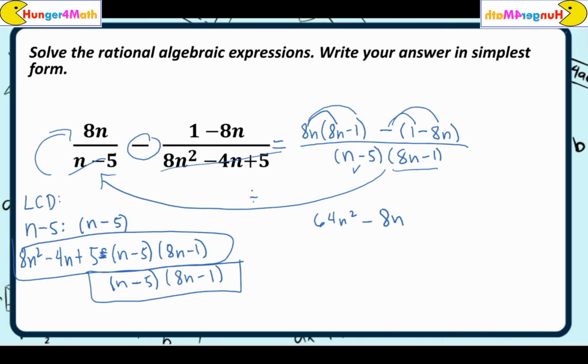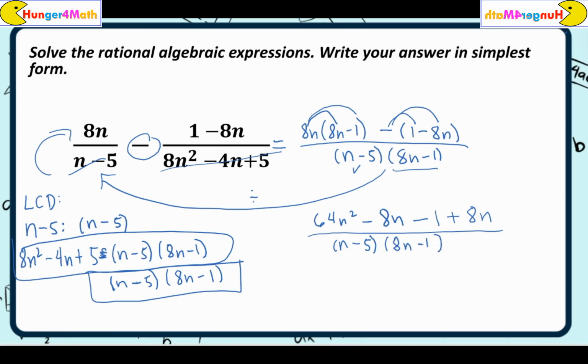So negative times 1 is negative 1 or minus 1, and then negative times negative 8n is plus 8n, all over we have n minus 5 and 8n minus 1.